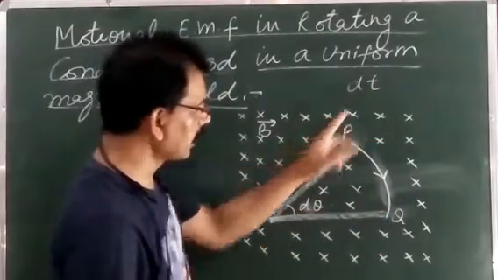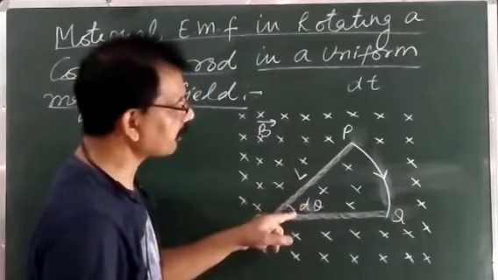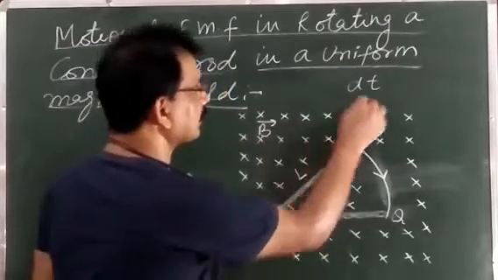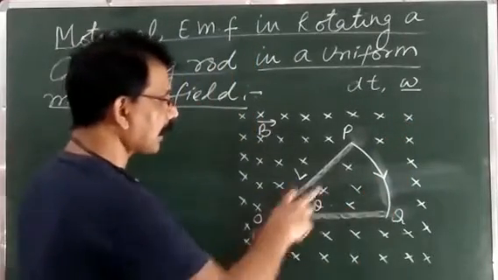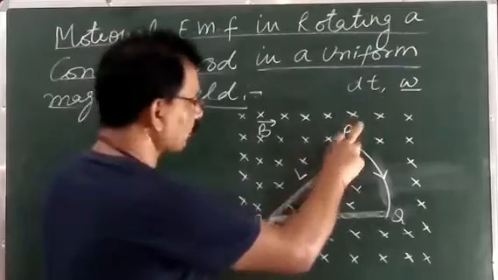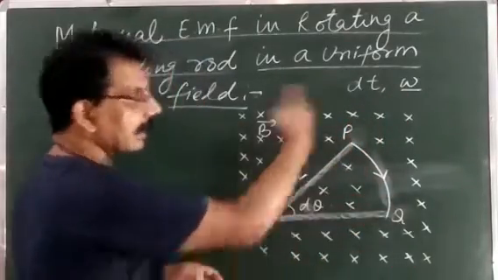In time dt, suppose it moves through an angular displacement d theta, and suppose this rod OP rotates with constant angular velocity omega about the point O in this magnetic field.